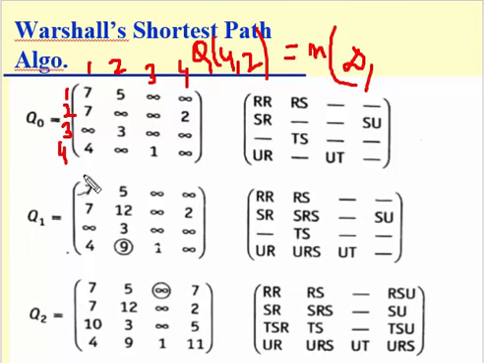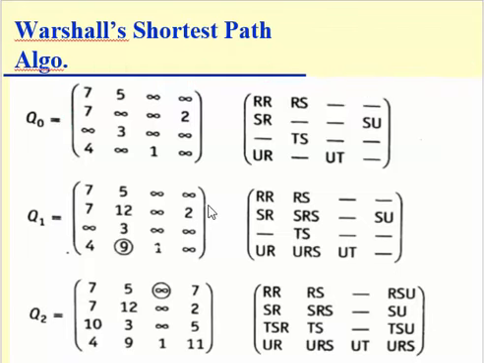Q0 41 is your 4 plus Q0 12. 1 2 is your 5. So minimum of infinity and 9. What is the minimum? 9 is minimum, so you will write down 9 over here. Okay, so this is written over here.